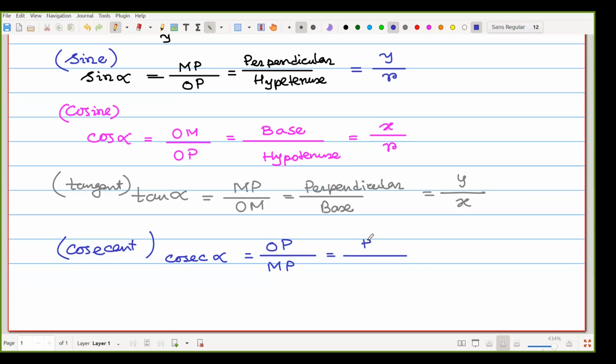That means hypotenuse divided by perpendicular. So hypotenuse means r and perpendicular means y.